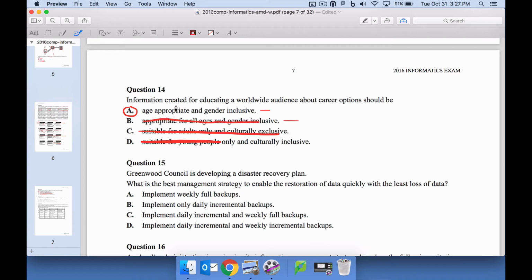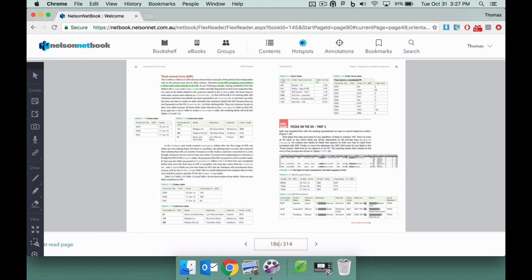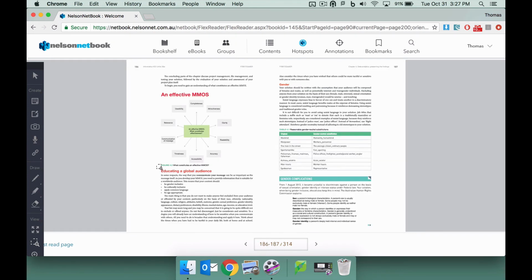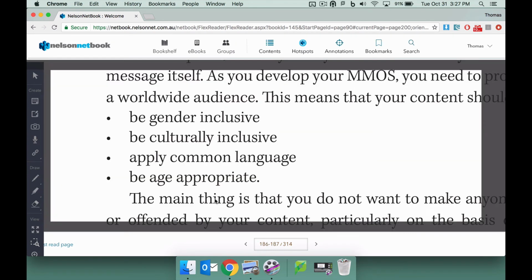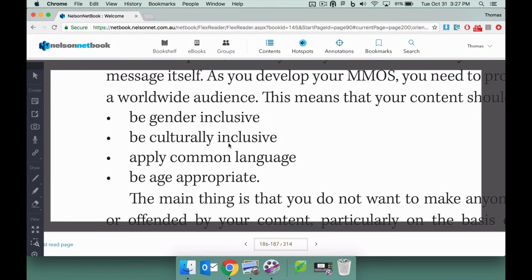So on page 186, we need to go to educating a global audience. Here are the dot points. Be gender inclusive. Yes, we had that. Be culturally inclusive.